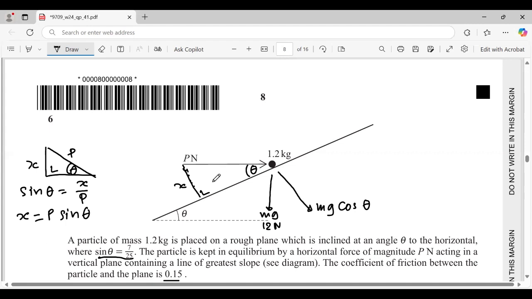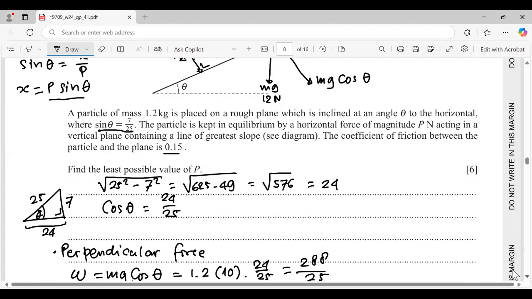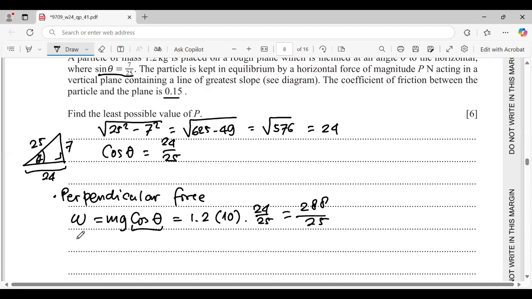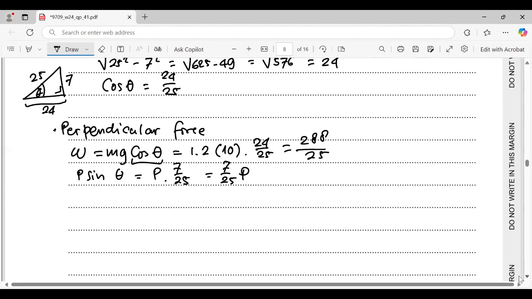So the horizontal force P is this one, P sine theta. Okay, this force. And P sine theta, I would like to write in here, P sine theta is equal to P times sine theta, which is 7 over 25. Or we can write 7 over 25 P. That is the horizontal force of P.